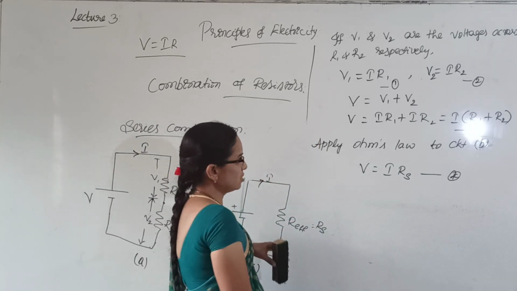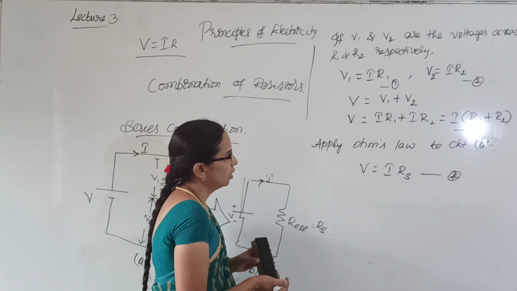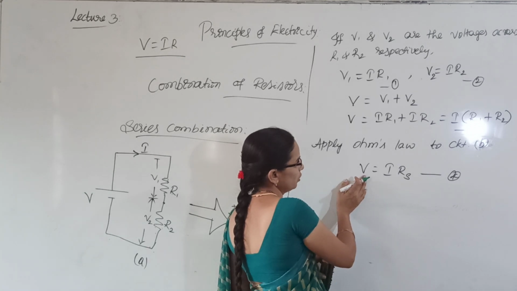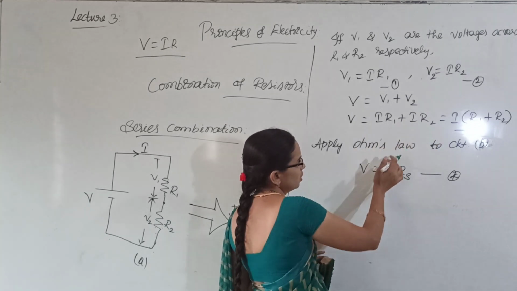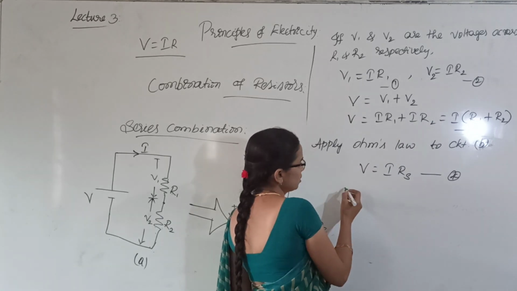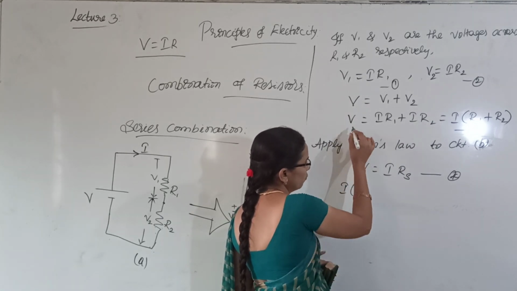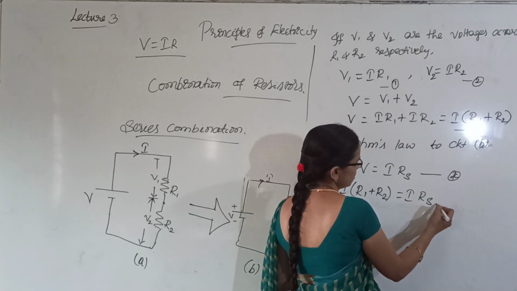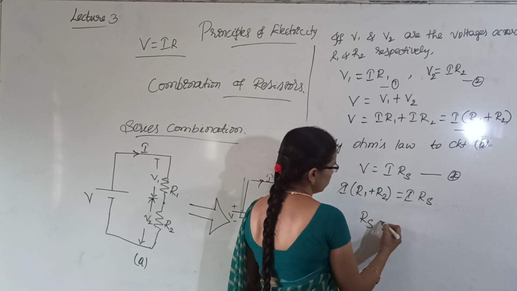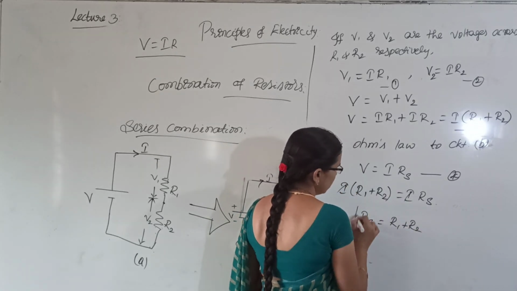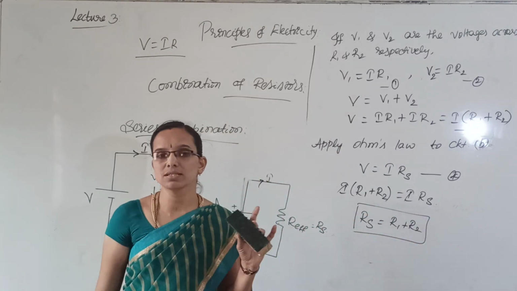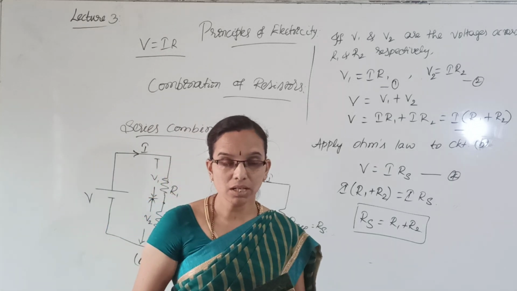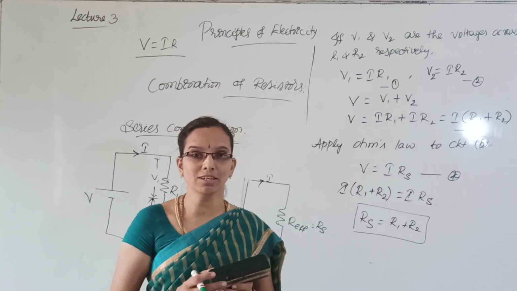If I substitute, V is equal to I times (R1 plus R2), then Rs is equal to R1 plus R2. That is, if you connect two resistors in series combination, the effective resistance is equal to the sum of the given resistances.